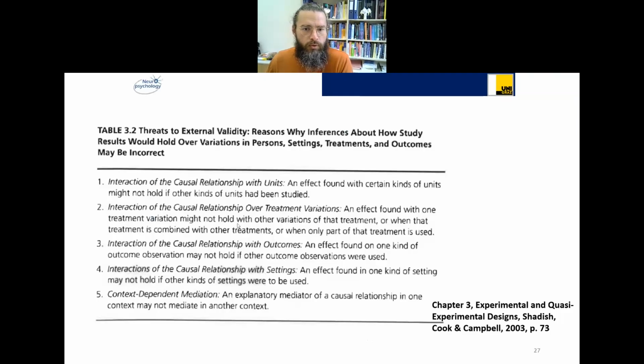Interaction of the causal relationship with treatment variations: an effect found with one treatment variation might not hold with other variations of that treatment.